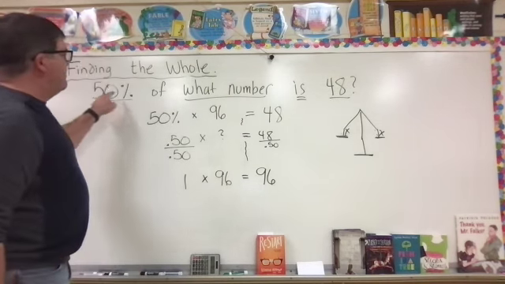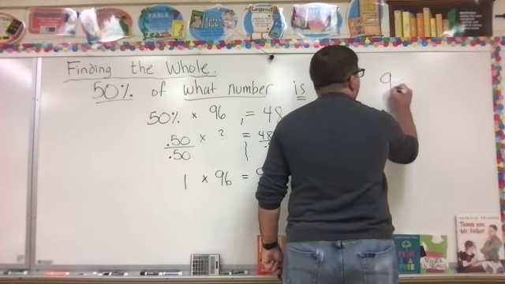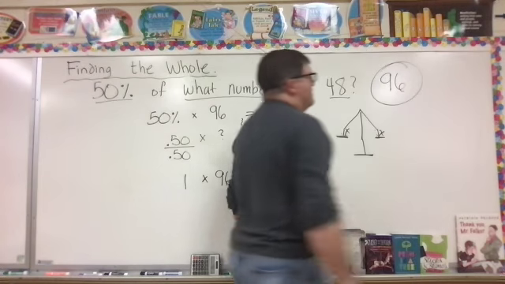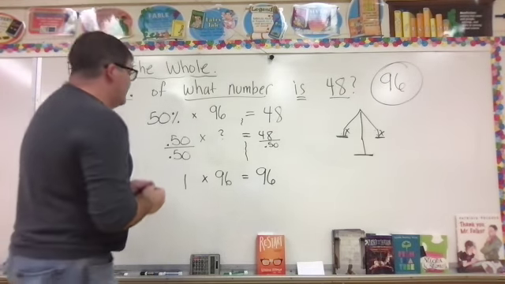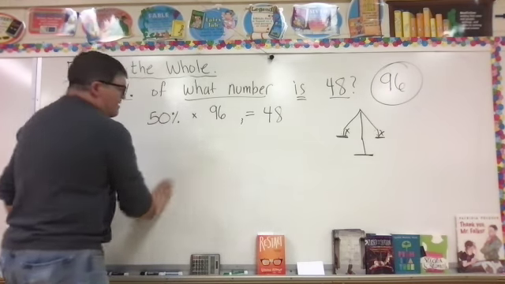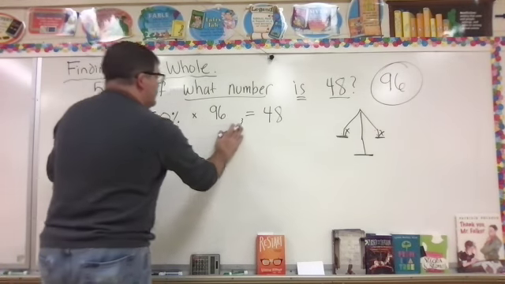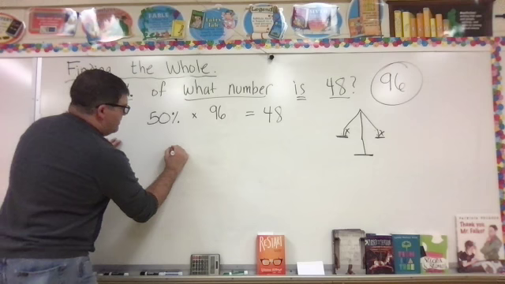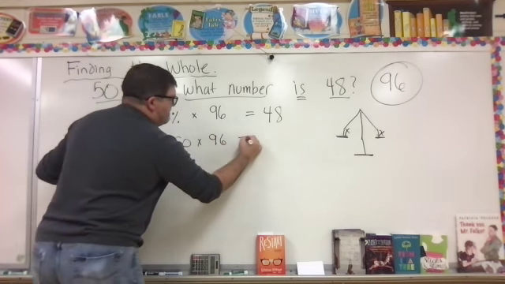And I go over here, 50% of what number is 48? 96. Now I could go back and check it. And the way I check it is what I did in the video before. Because I want to see 0.50 times 96 equals.